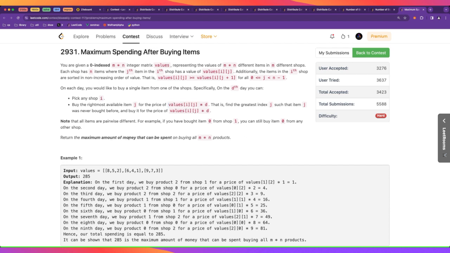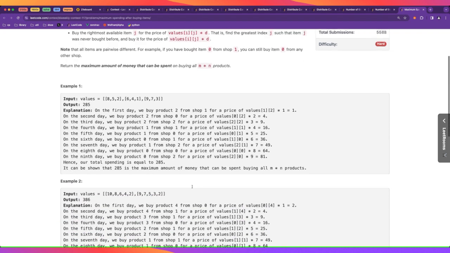And you want to maximize the amount of money that you spend buying all the products.